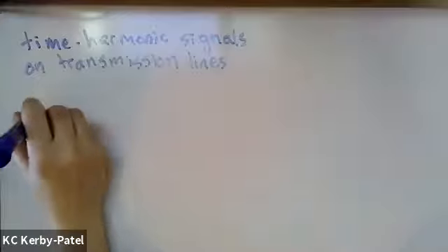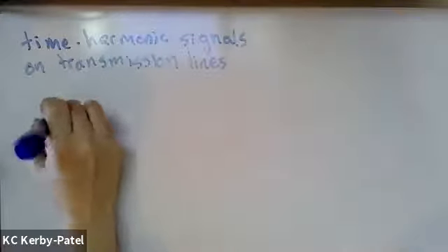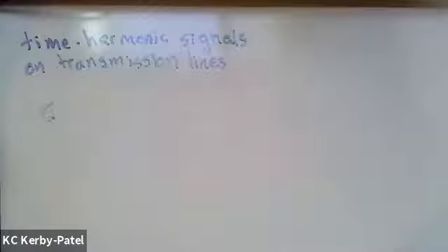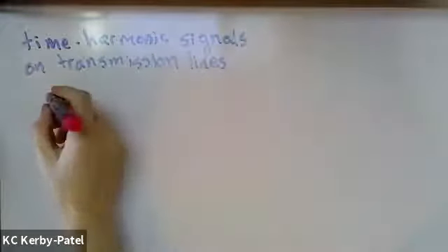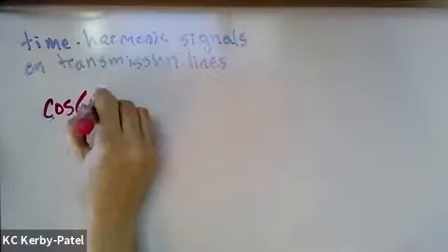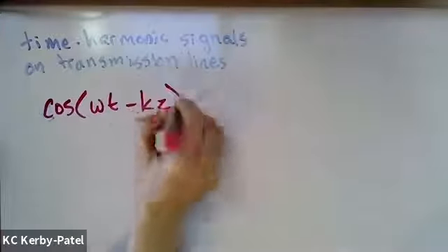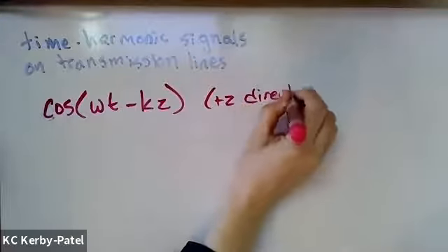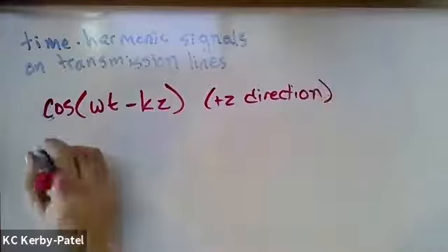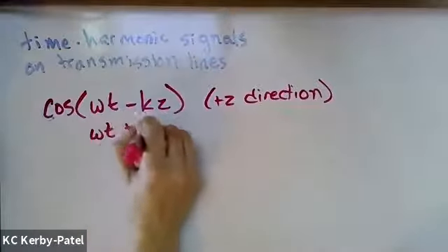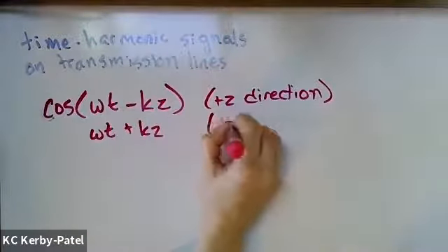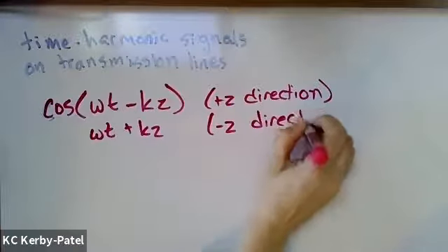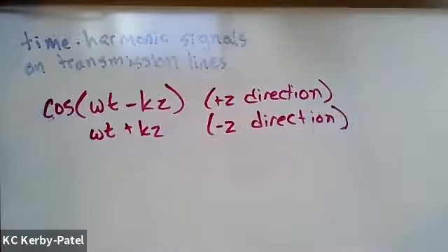We have waves of the form cosine of omega t minus kz for a wave going in the plus z direction, or omega t plus kz for something going in the minus z direction. And obviously you could replace z with x or y for waves going in the plus or minus x and y directions too.